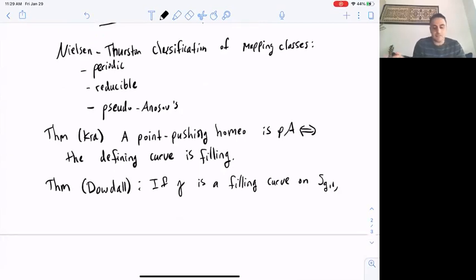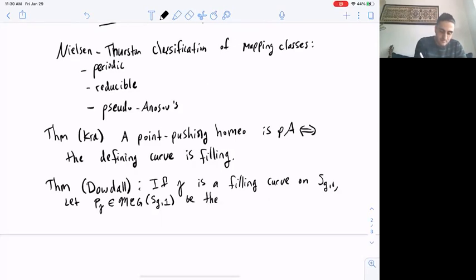Well, first let me add some more notation. Let's let P sub gamma denote the corresponding point pushing homeomorphism in this mapping class group. Okay, then we have the following inequalities.